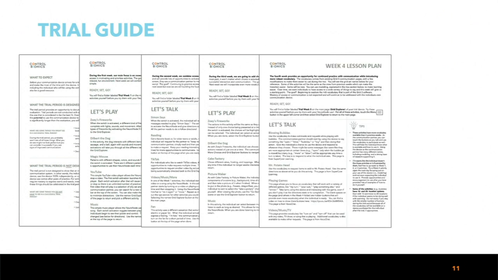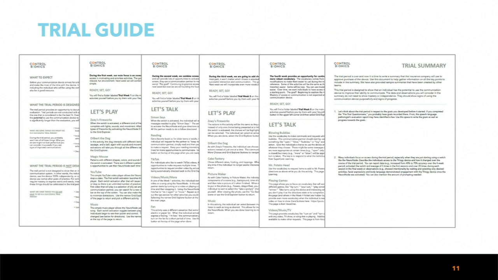And then let's look at what exists in the communication software and see if we can begin to move someone into more traditional communication pages. And then at the end, how do we summarize this to show insurance that there was purposeful use, that there was success in this trial, even though they didn't get to independent communication of everything they wanted to? What did they do that was different that they couldn't do before?